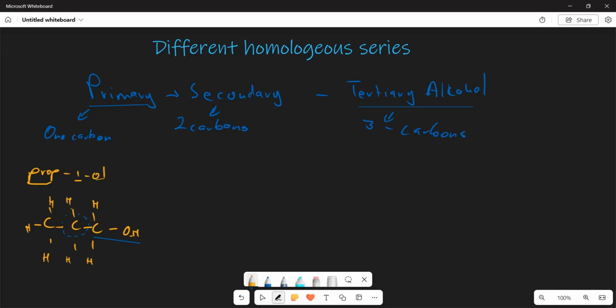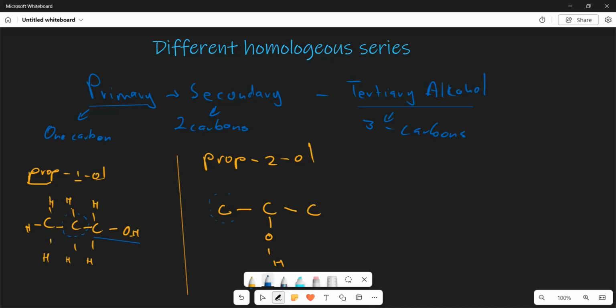And our secondary alcohol, therefore, is going to be given by what now? For the secondary alcohol, the C that is bonded with an OH is also bonded with the other two carbons. For example, if we look at our prop-2-ol, what is significant about this? This is going to be the C, right? This C that is bonded with OH is bonded with the other two C's. Can you see that it is bonded with these other two C's?